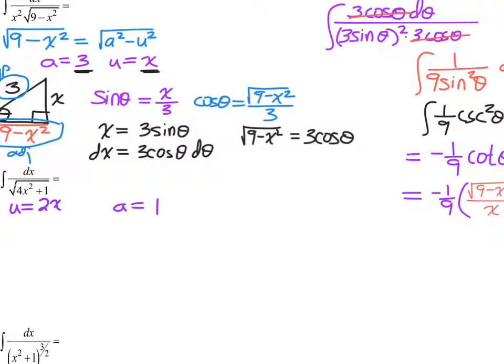So what I want to do is create a triangle, place my u's and a's so that the missing side is going to be the square root of 4x squared plus 1. And we want to try to limit ourselves. You've got 6 trig functions to play with.